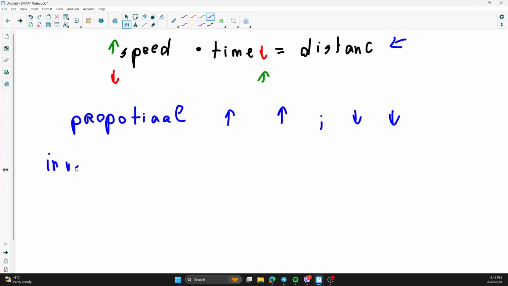Inverse proportional is basically this: if the first measurement increases, the second one decreases, and if the first one is decreasing, the second is increasing. All right, and that's it.